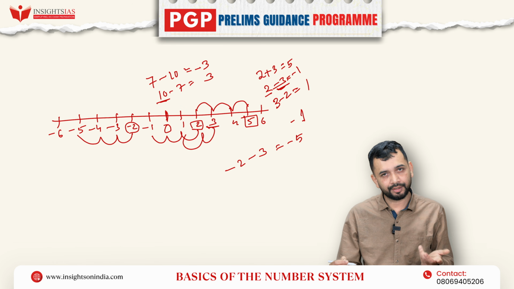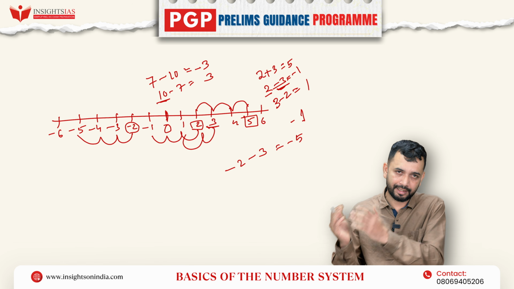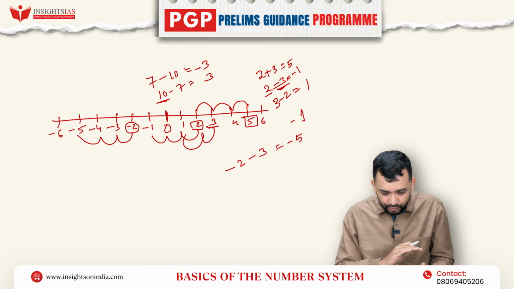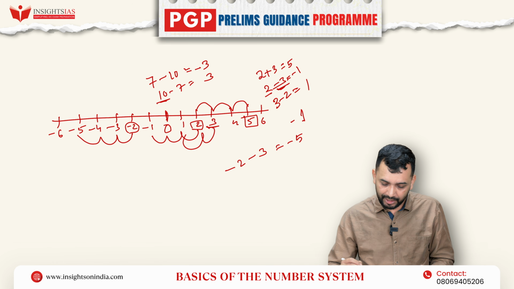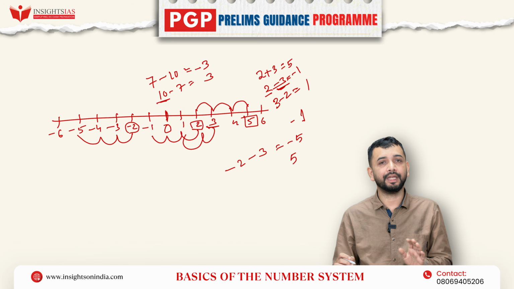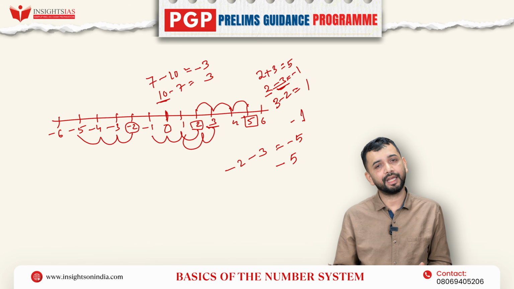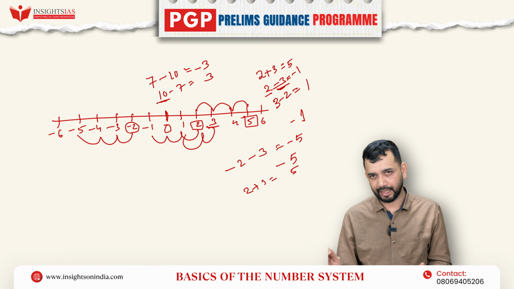Again, as I told you, what is the simplest way to do it? When both have the same symbol, that is either plus or minus, then you just add them first. Then whatever the symbol is there, you just keep it here. 2 plus 3 I will add. I will write the answer as 5. Both 2 and 3 have a negative symbol. That is why I am keeping it as minus. Similarly, 2 plus 3 is 5. I directly keep it as it is.